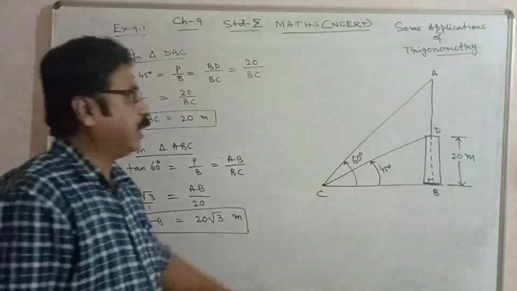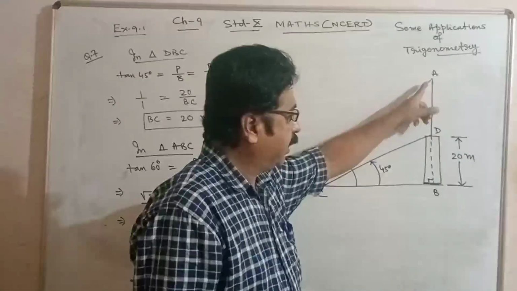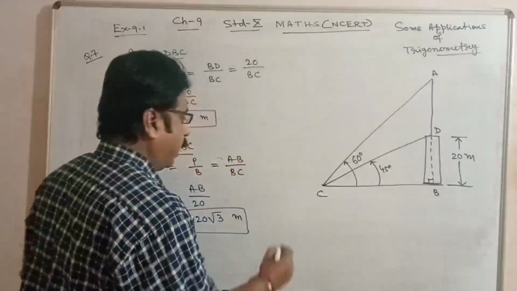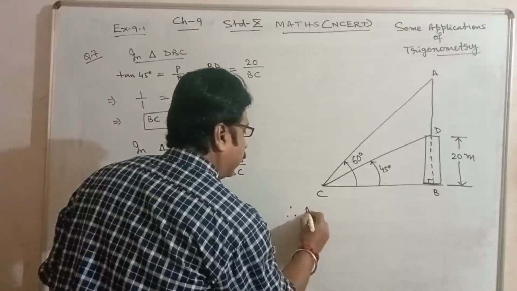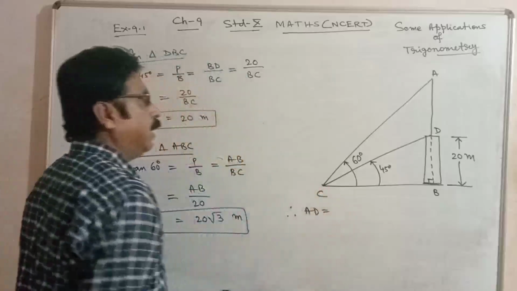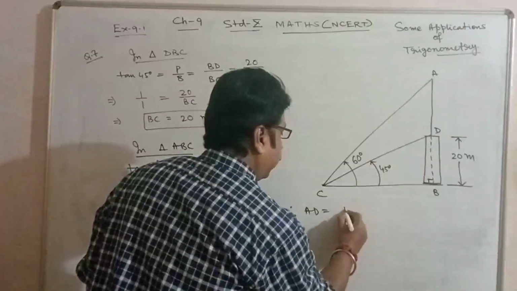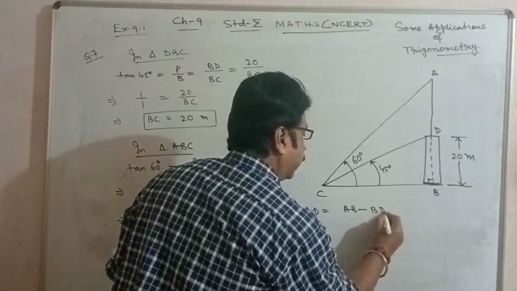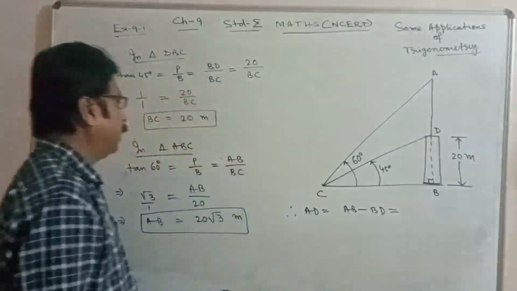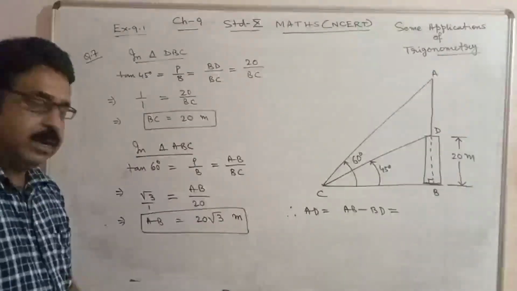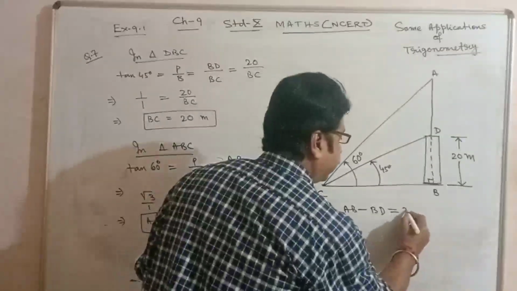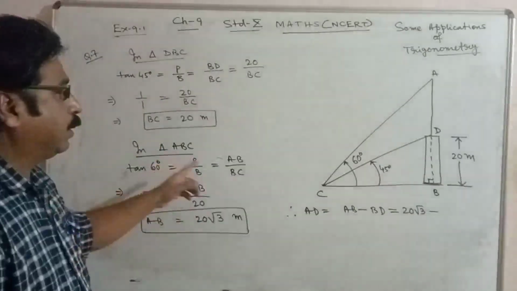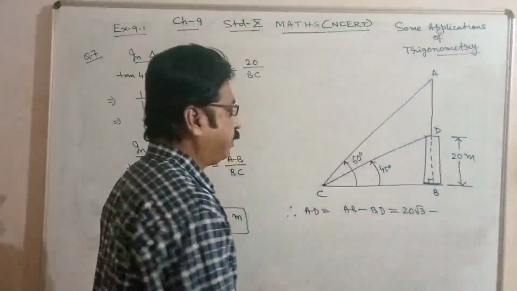Now easily we can get AD because AB minus BD is AD. Therefore AD equals AB minus BD equals AB is 20 root 3 meter minus BD is 20 given.